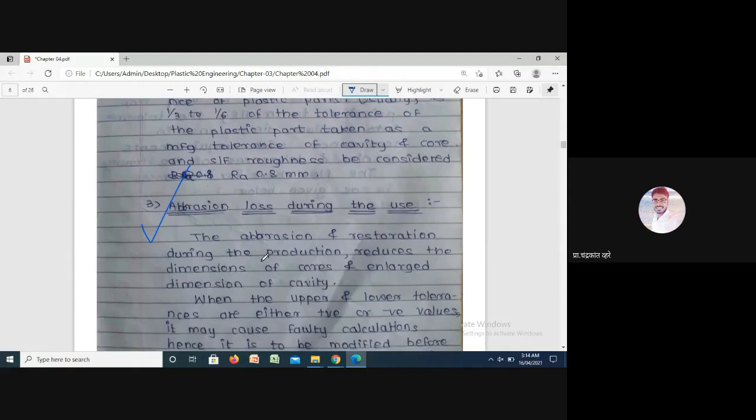Such problems also happen in the plastic industry in the case of molds. The core dimensions are reducing, and the cavity, meaning holes in metal, the hole dimensions are increasing. So this is all about abrasion.